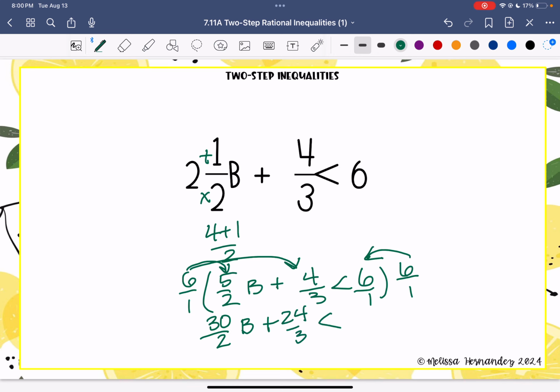And then here is 36 over 1. And then in this case, it's 15 because 30 divided by 2 is 15. Bring down the b. 24 divided by 3 is 8. And then is less than 36. So you would just subtract 8 from both sides, and then after that you divide by 15. I'm not going to do that because we did it in the other examples. This was just to show you how to get rid of a fraction. And it works for equations too.